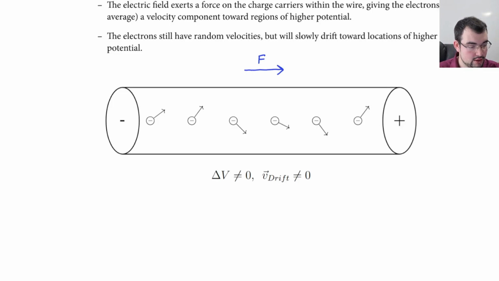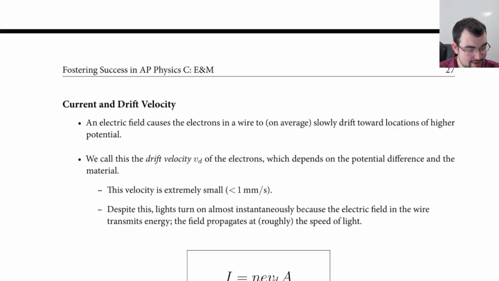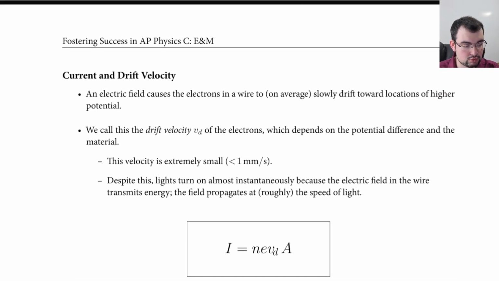So it should be said that this drift velocity is really slow. People also think electrons move really fast because if you flip a switch, the light bulb turns on instantly. But that's really because it's the field, it's the electric field, and those effects happen at the speed of light, but that's a bit beyond our model.